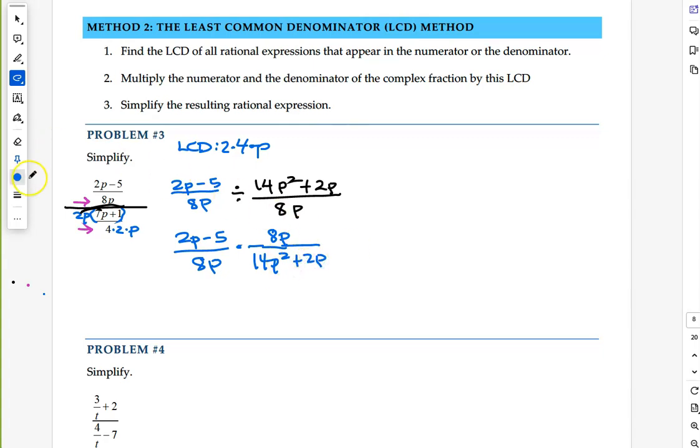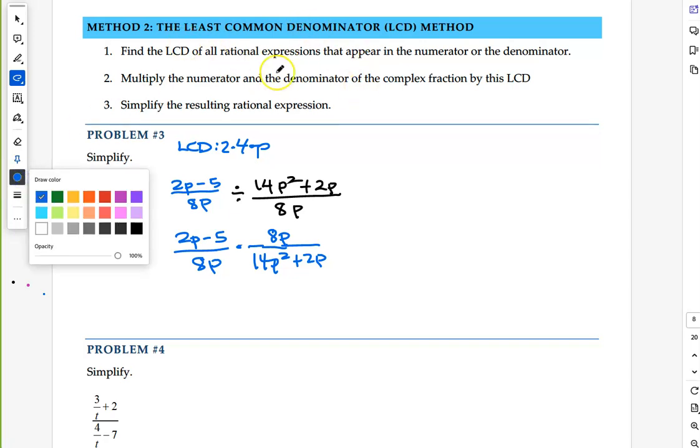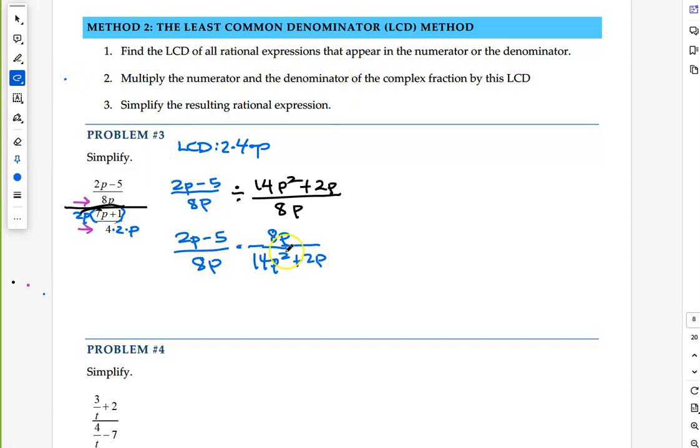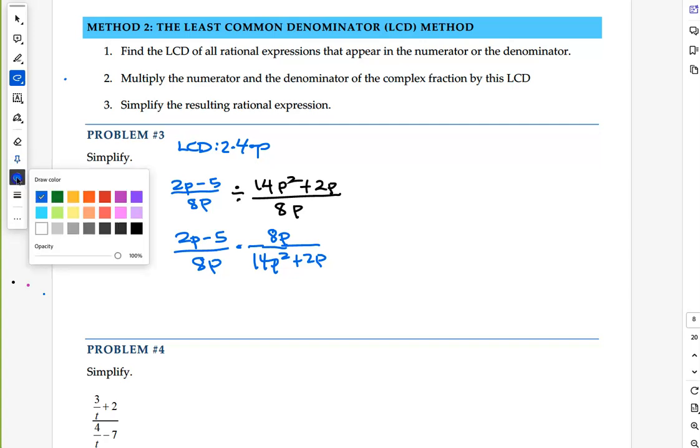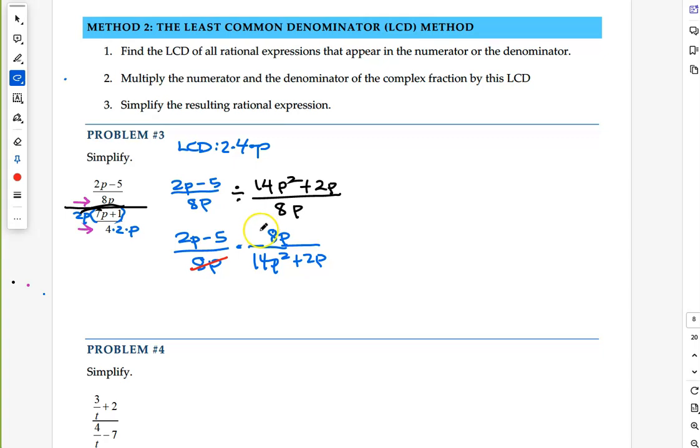All right, now look at what happens here. The reason why doing it the second method is nice is because the denominator of our first fraction will always divide out with the numerator of our second fraction, if we make both of the denominators their least common denominator.